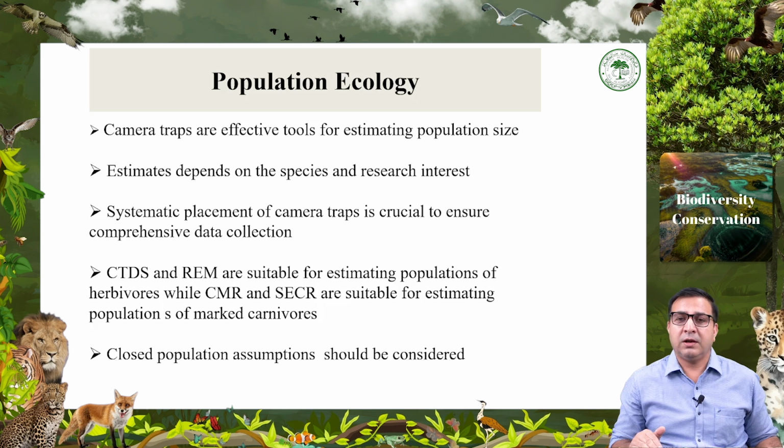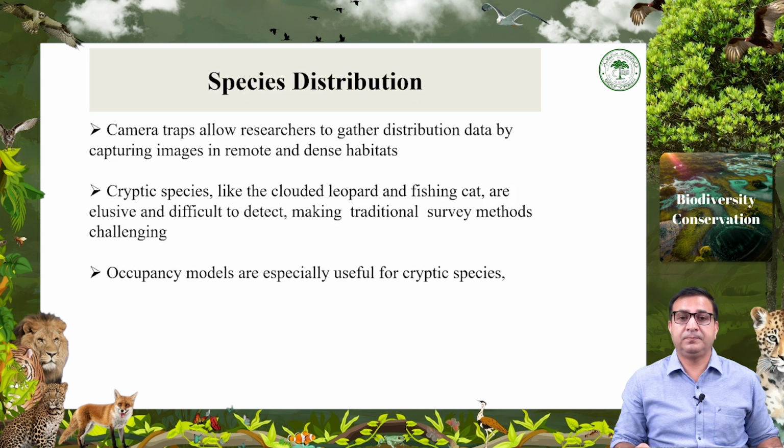So if we are doing our research on a particular species, using the proper methodology, we need to ensure that this assumption is followed: no birth, no death, no migration. It means closed population assumption.